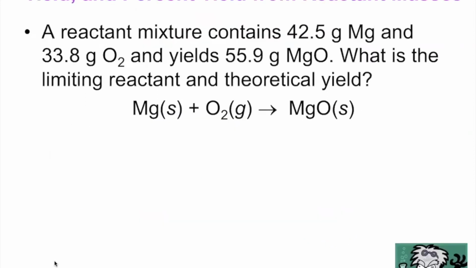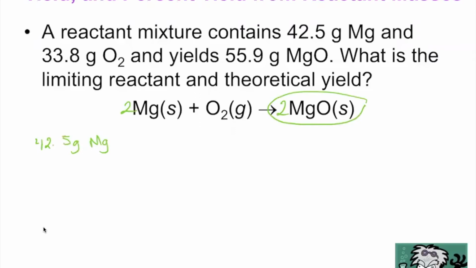So let's try to do one by ourselves. So notice that in here it has a reaction. And let's see if it's balanced. It's not balanced. Now it's balanced. So it says, what is the limiting reactant? So you're trying to see how much of this can I make if I start with 42.5 grams of magnesium.